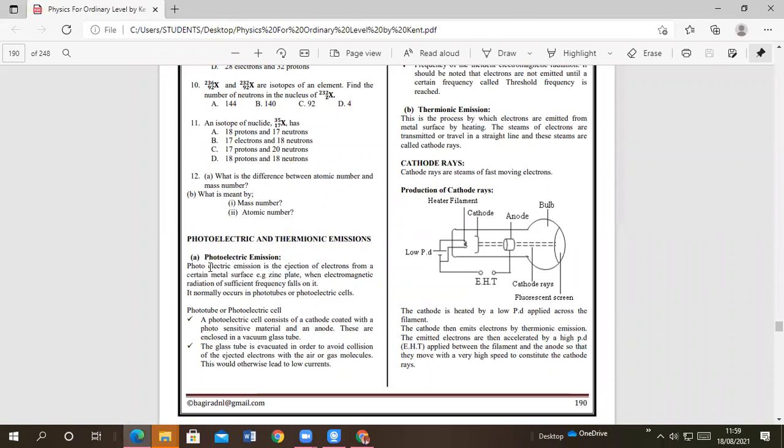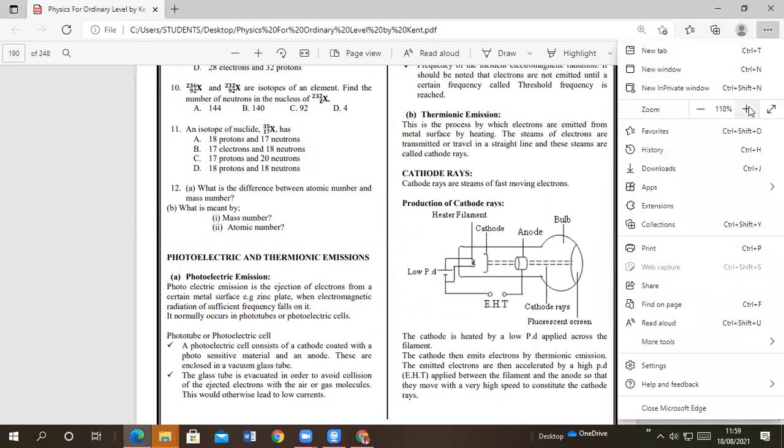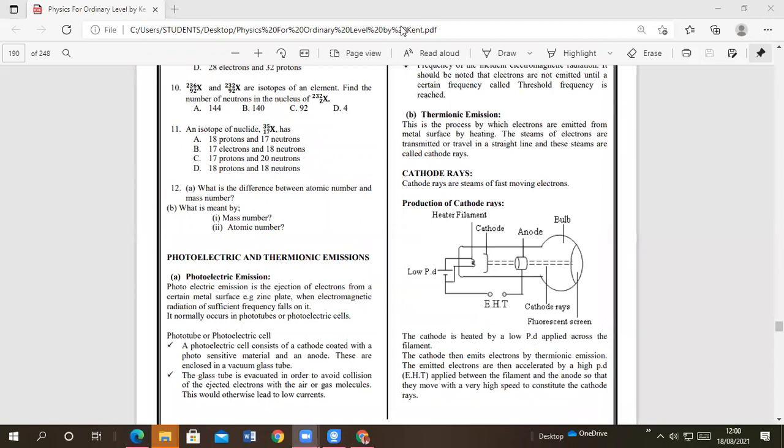So they are saying that photoelectric emission, members, are we together? Excuse me, teacher. Yes. Excuse me, teacher. Yes, Patricia. Teacher, I've just joined. What were you talking about? The topic.